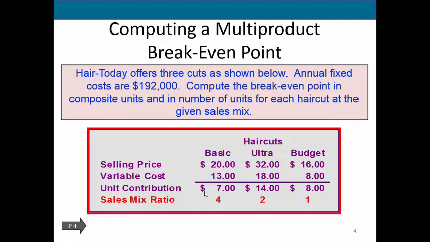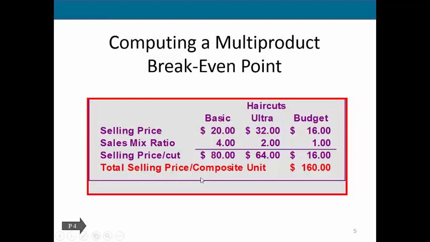So first let's look at our sales price, and then we'll use the variable cost. You have here the sales price per unit. Multiply this by the sales mix ratio. Again, it was 4:1. So this is the total sales price relative to each other. So again, for every 1 budget cut, we're at $16.